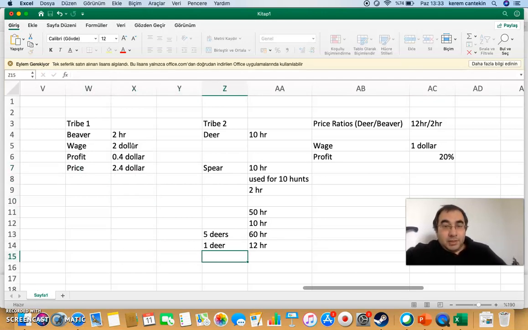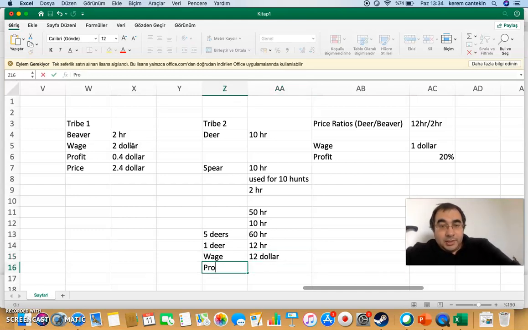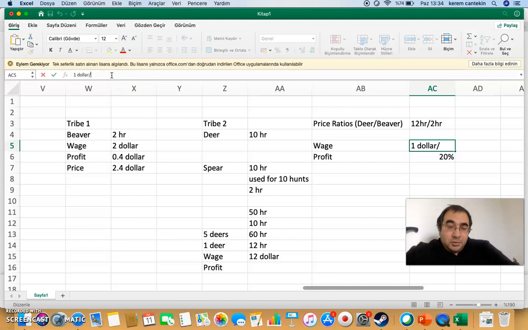And for the deer, wage is $12. This is $1 per hour, by the way. So wage is defined per time worked, so I should write per hour.